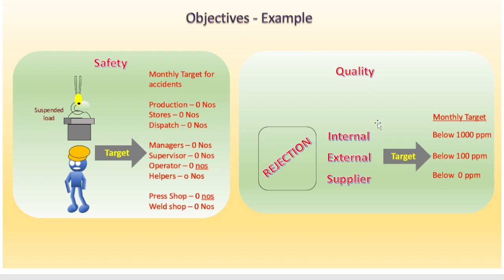Now the same thing, quality rejection percentage you can define in ppm, that is below 1000 ppm for internal rejection, below 100 ppm for external, which is rejection coming from your customer, and for suppliers you can have a target of below 0 ppm.